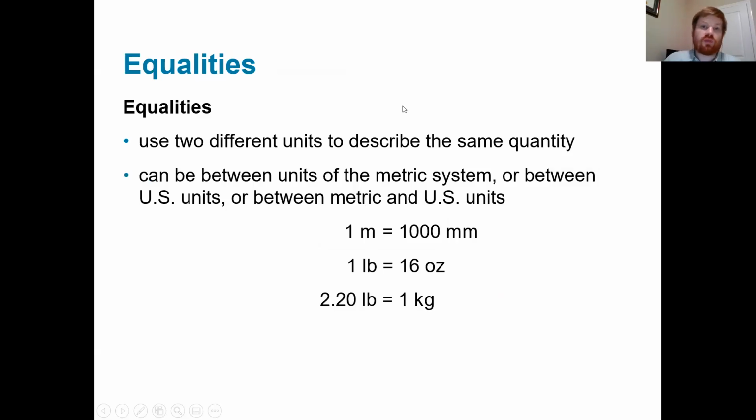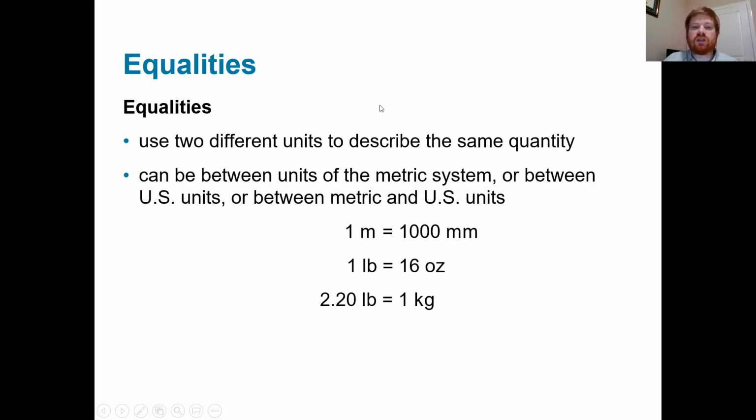Okay, so now those are the type of metric equalities that we have kind of defined from the past. But that's not the only kind of equality that's going to be useful to us, especially living in the United States. A lot of times we're going to have imperial or US measurements that then need to be converted into metric measurements in order for them to be useful for a number of different reasons.